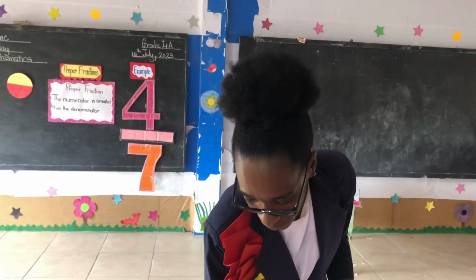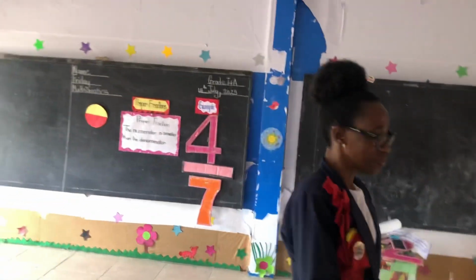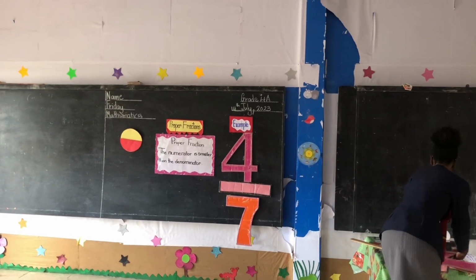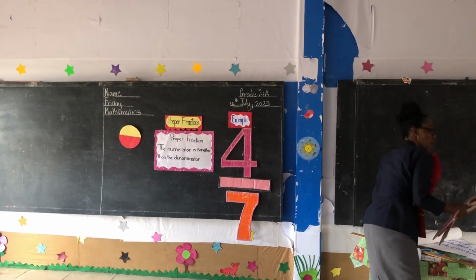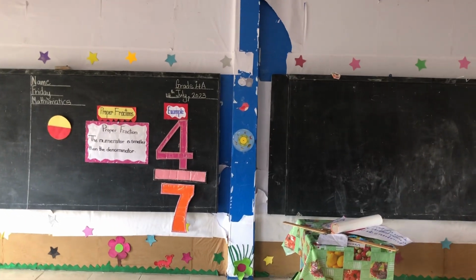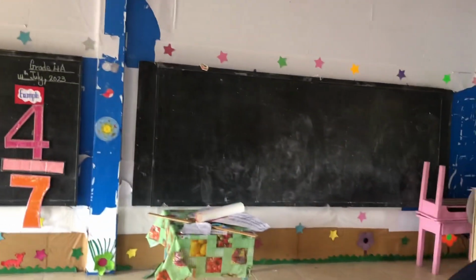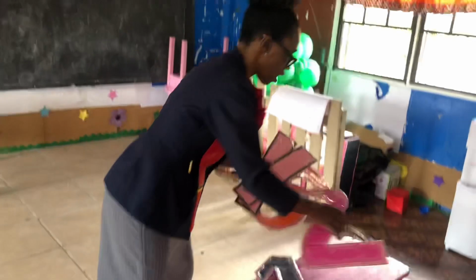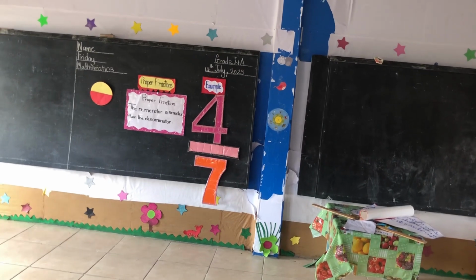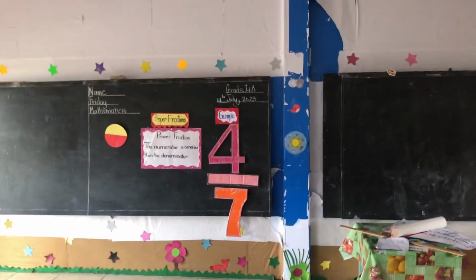Okay? Now, Group C, here you have some numbers and you are going to demonstrate a proper fraction for me. You have your numbers and you're going to put them together.